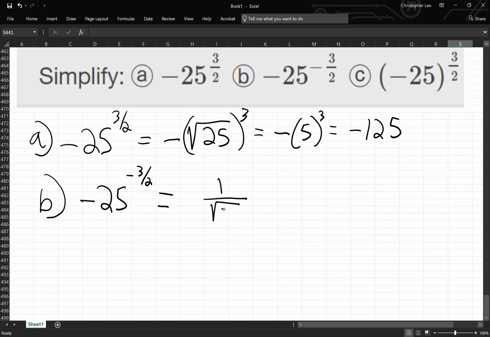Very good. 25 to the third power, but the negative is on the outside. And then same thing. This becomes negative 1 over 5 to the third power, which becomes negative 1 over 125.